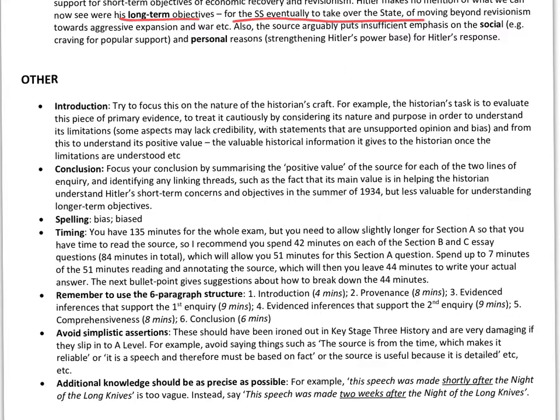And from this, to understand its positive value, the valuable historical information it gives to the historian once the limitations are understood. Because remember, this is not a section B or section C essay question. It is a section A question, which is about evaluating a source. So ultimately, sitting beneath this question, the examiner wants to get a sense of: do you understand what the job of a historian is?